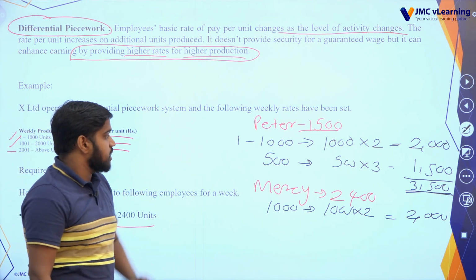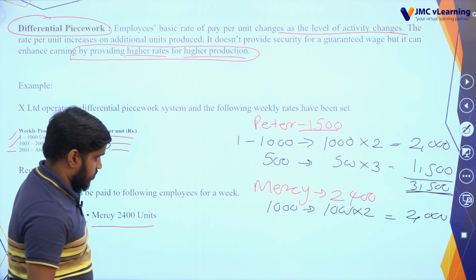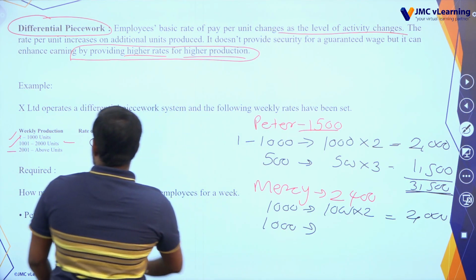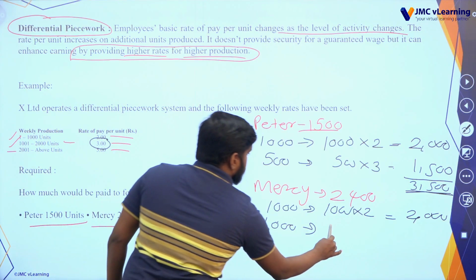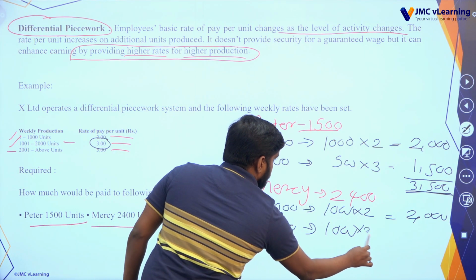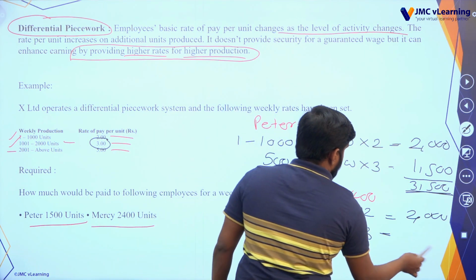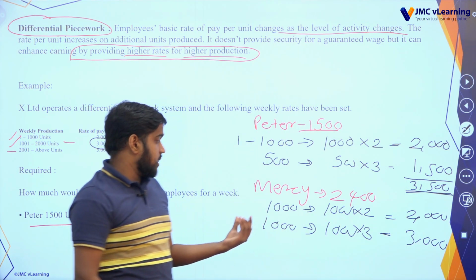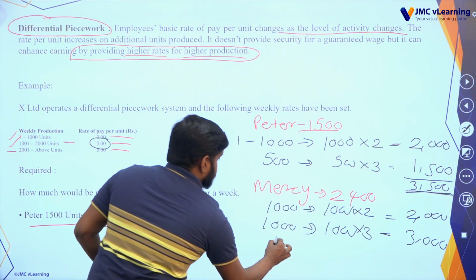When we come to Murky, we have the remaining 1,400. For the second 1,000 units, Murky is eligible to get 3 rupees per unit, that means 3 multiplied by 1,000, 3,000. Then again we have the remaining 400 units.